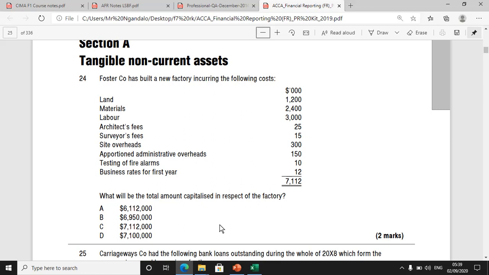Site overheads, these are incidental costs that are supposed to be taken. Apportioned administrative overheads, now this one we don't have to take because these are administration expenses. Testing of fire alarms, we take that one. Business rates we do not take because of course that is a normal revenue expenditure. So we're going to take everything except for 12 and 150 there.